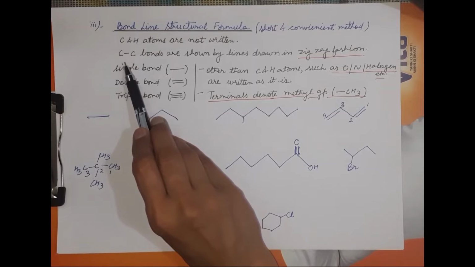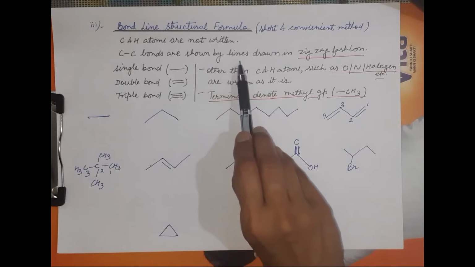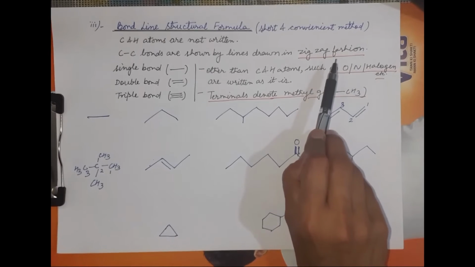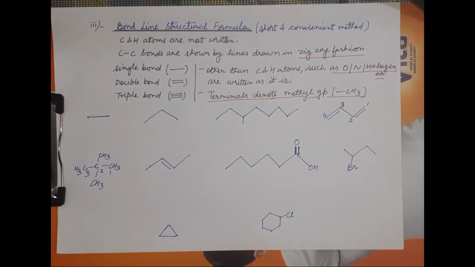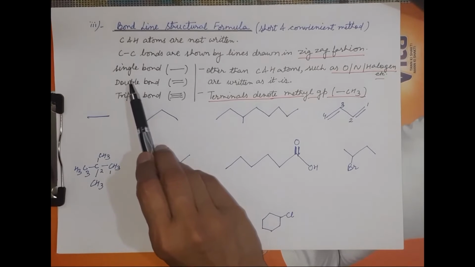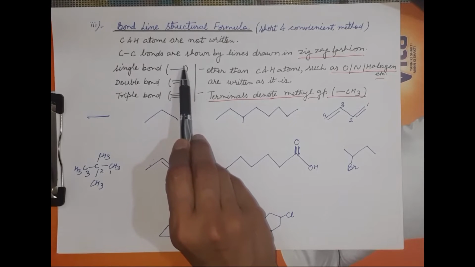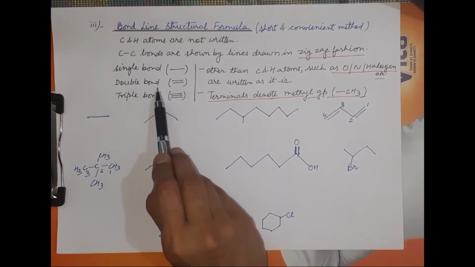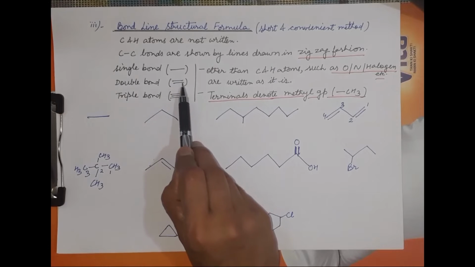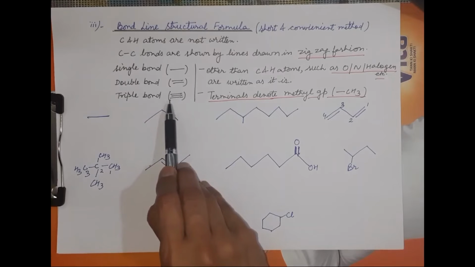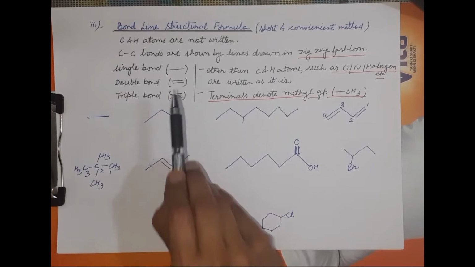Second, carbon to carbon bonds are shown by lines drawn in a zigzag fashion. The bond between two carbon atoms is shown by a simple line. A single bond is shown by one line, a double bond by two lines, and a triple bond by three lines.